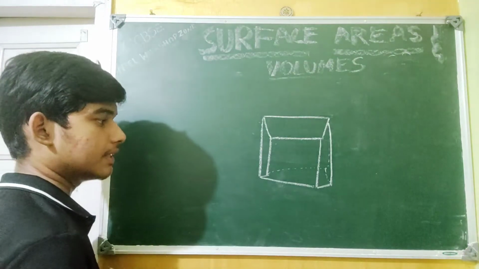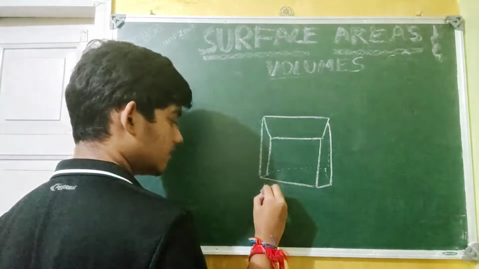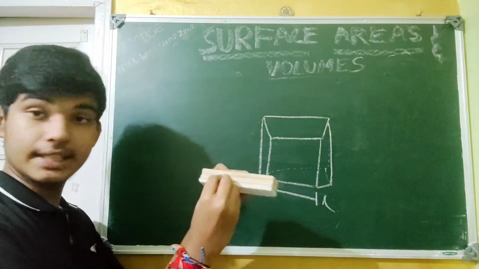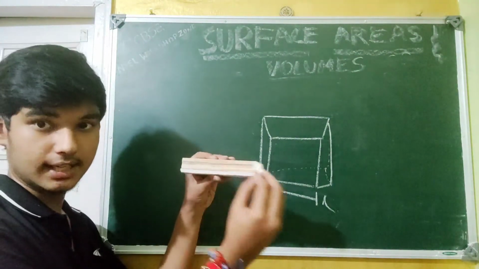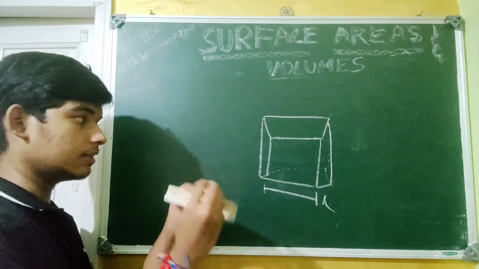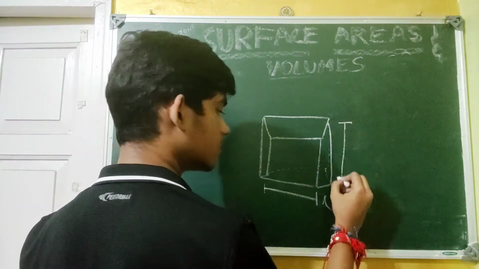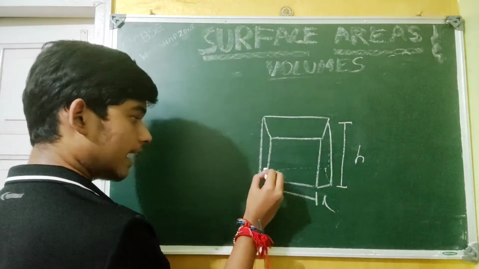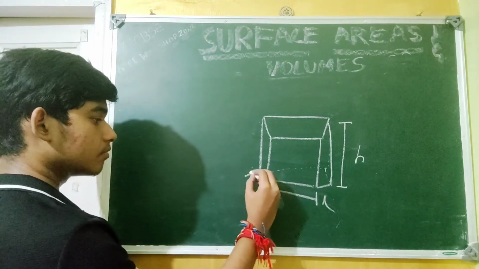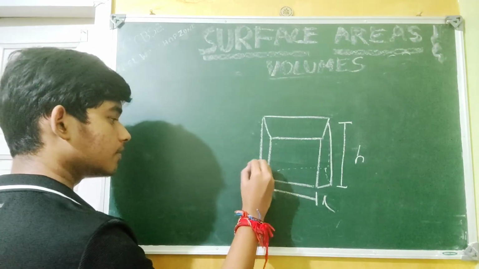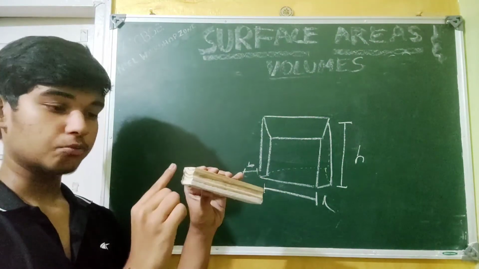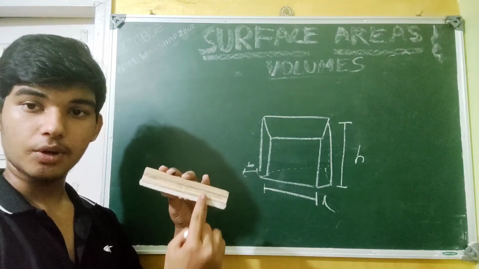The first one is the length, which is this measurement, or this is also something we could call the length. This one could also be measured as the height, and the side part over here we could use to measure as breadth. So we have the three measurements that we use: length, breadth, and height.